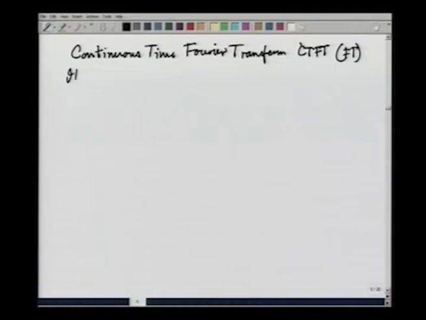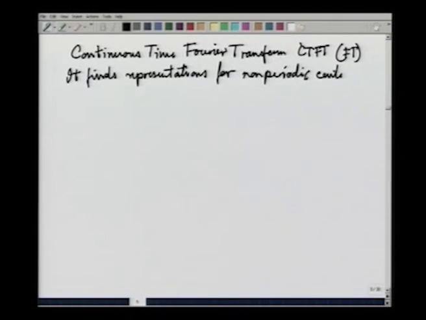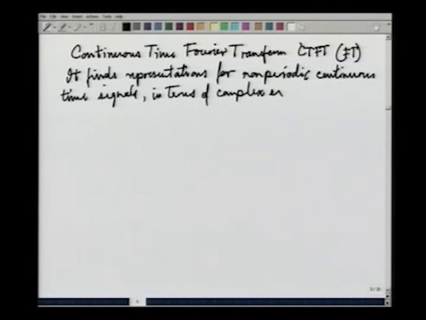It finds representations for non-periodic continuous time signals in terms of complex exponentials that are themselves periodic but not harmonically related.